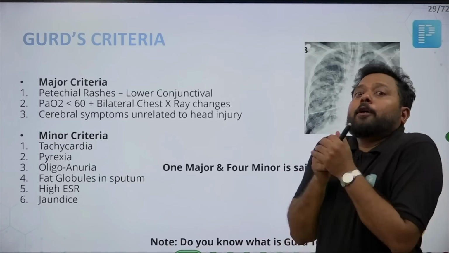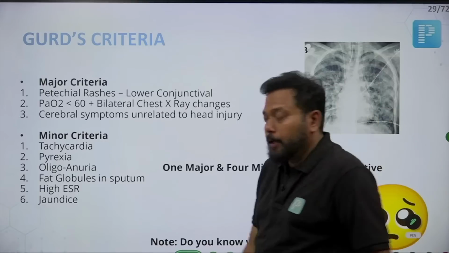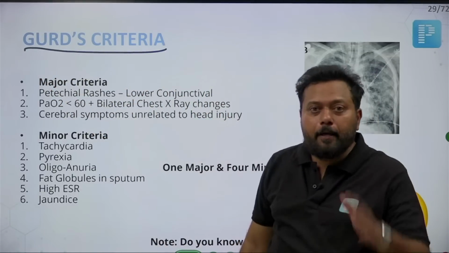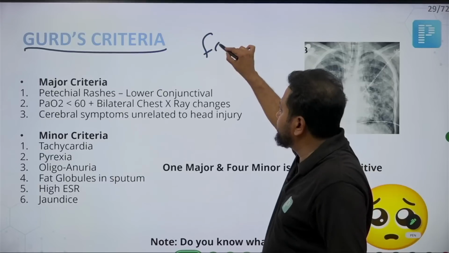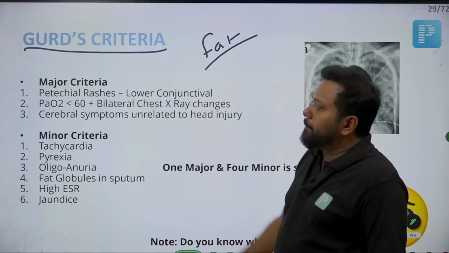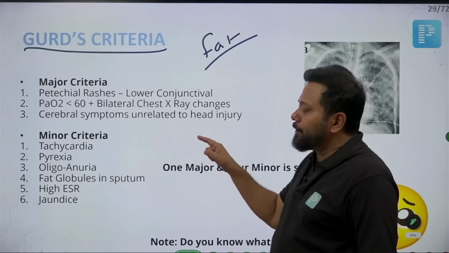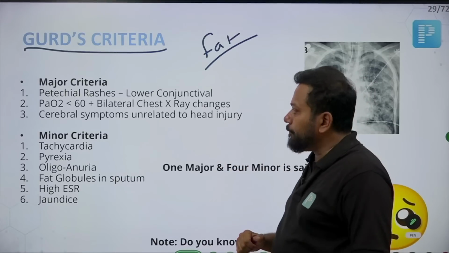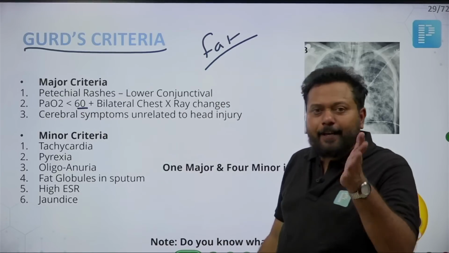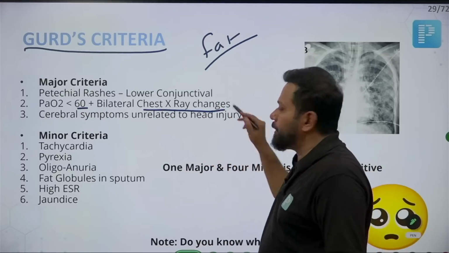And you should know Gurd's criteria. Whenever that word is coming, that question is about fat embolism. Very simple. Major, minor. Petechial rash of the lower conjunctiva. Oxygen saturation less than 60. X-ray shows bilateral chest changes.